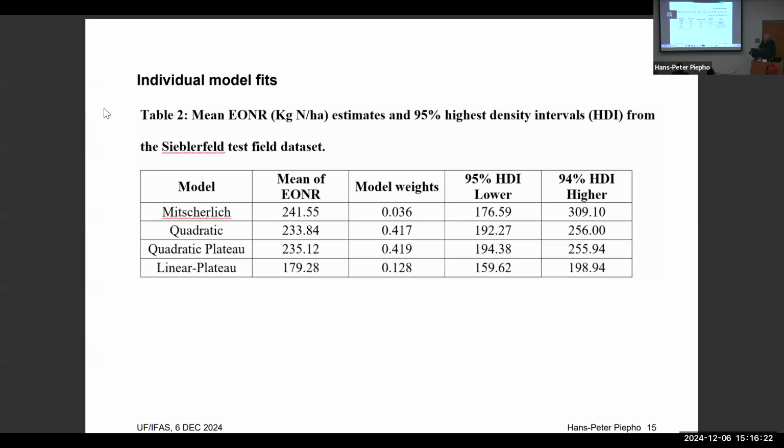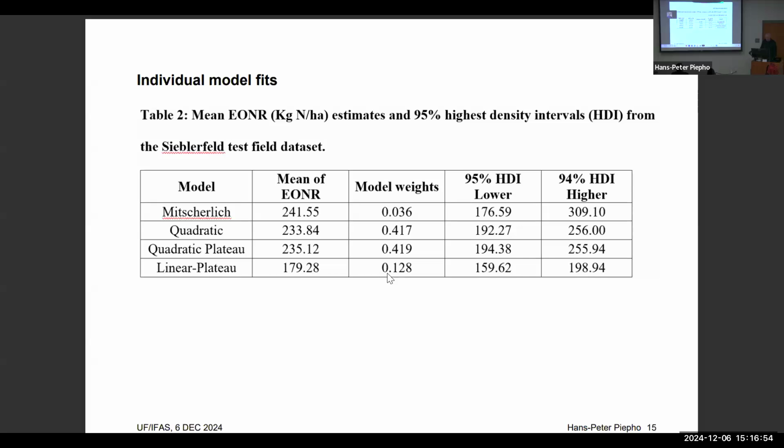So here's a similar kind of analysis using the Bayesian framework. And first, again, each of the models individually. So what you see here is really the individual fits, where each model has its own economic optimum rate estimate, plus the confidence intervals.